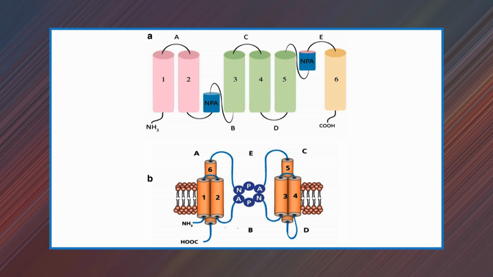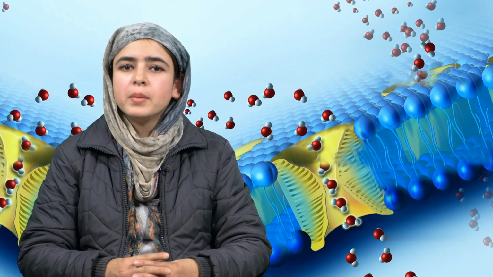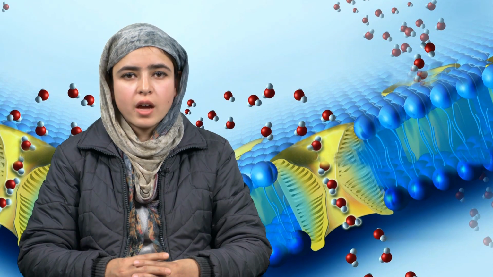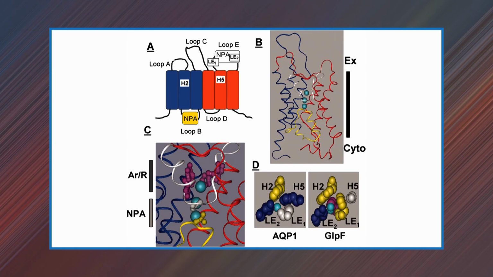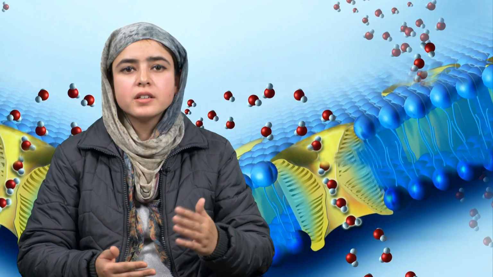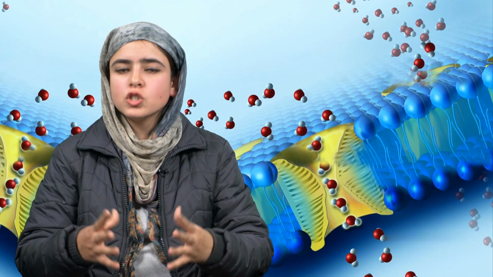They create a distinctive hourglass shape, making the water channel narrow in the middle and wider at each end. Another and even narrower place in the channel, called the aromatic arginine selectivity filter, is a cluster of amino acids enabling the aquaporin to selectively let through or block the passage of different molecules.